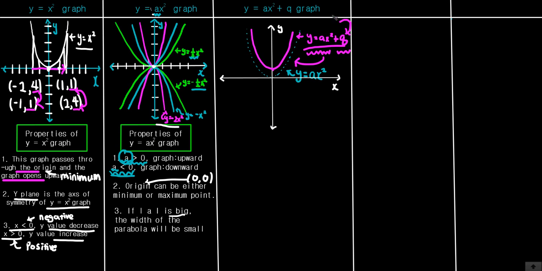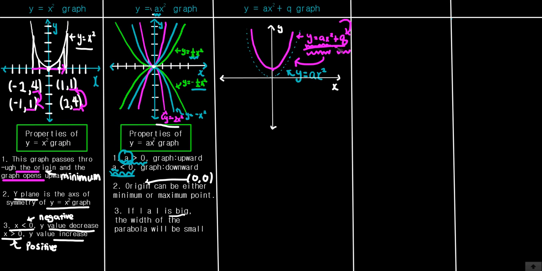Constant means a number without any variables such as x. But we don't know whether q is negative or positive, and we don't know the exact value of q, so I drew an approximate one.